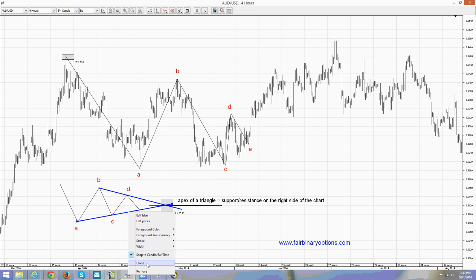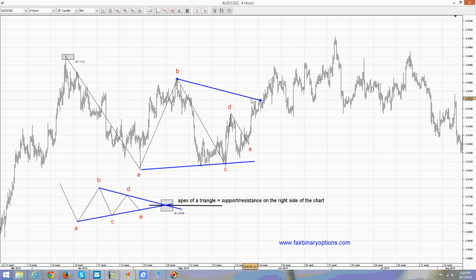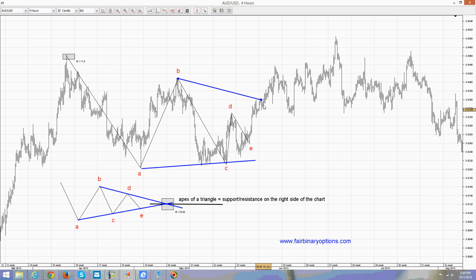So we take the A and C trend line and measure it in here, and then of course the B to D trend line, and then we look for the apex of the triangle.